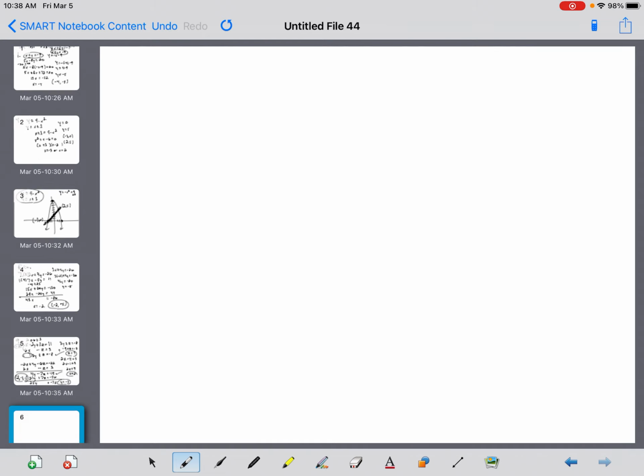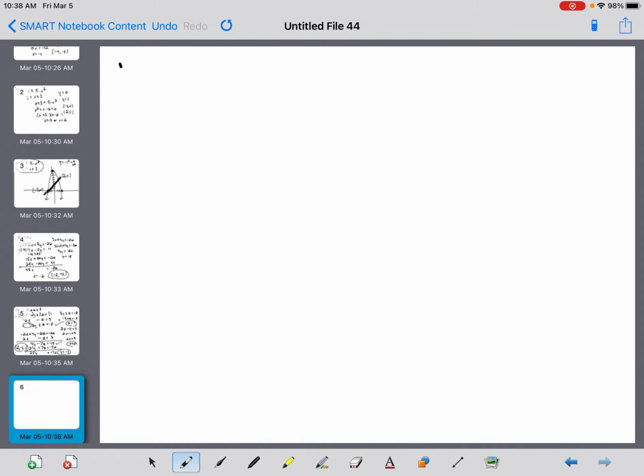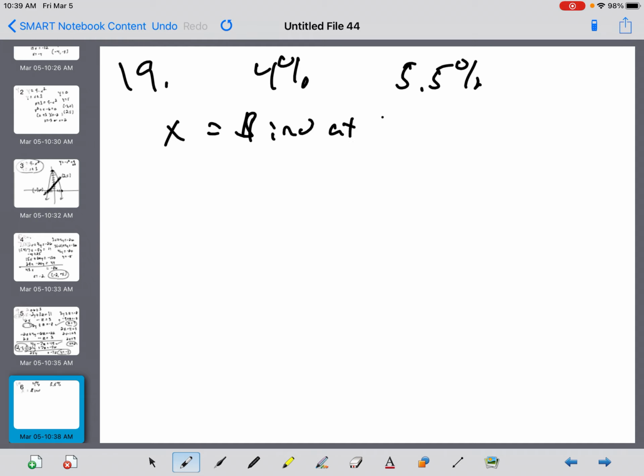Okay, and then maybe just a word problem. This is number 19. So you have two investments that total $50,000, and one's at 4% and one's at 5.5%. So let's let X equal the dollars invested at 4%. And let's let Y be the dollars invested at 5.5%.